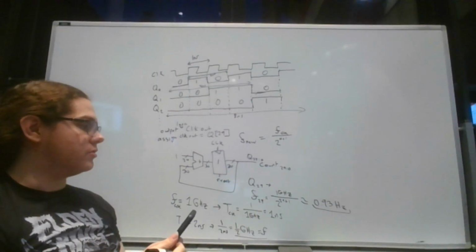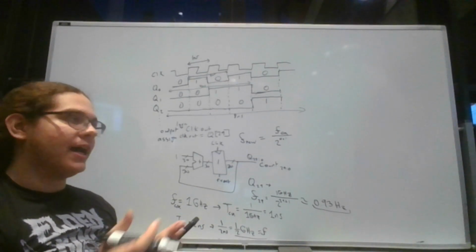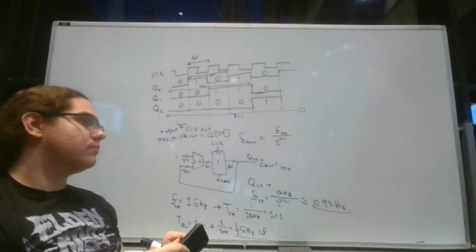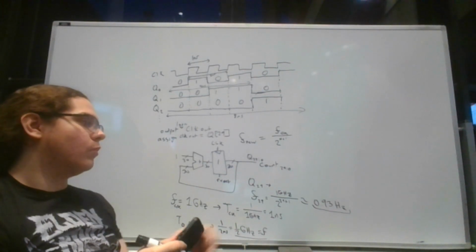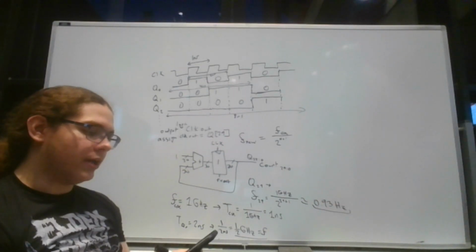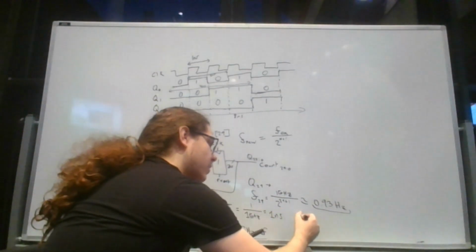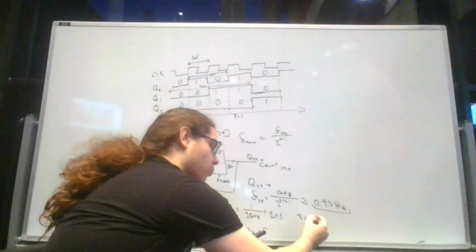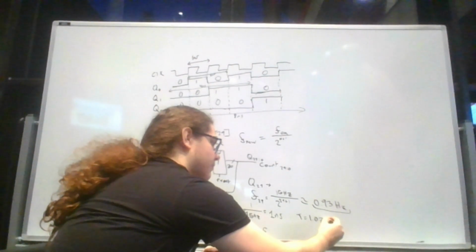And if I wanted to know the period, I would just take the reciprocal of this value, 1 over 0.93. And that means the period is equal to 1.07 seconds.